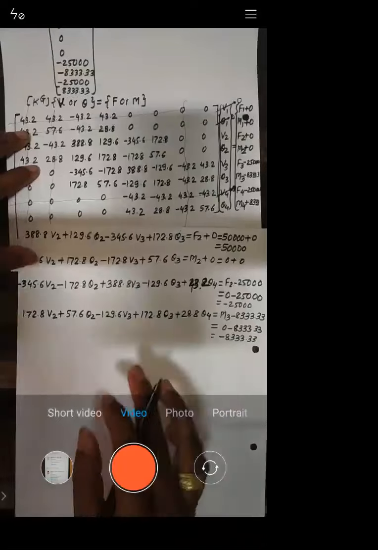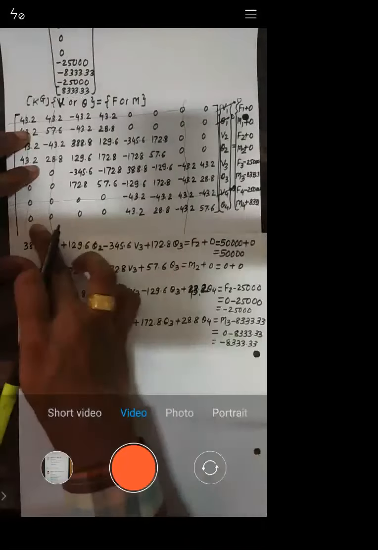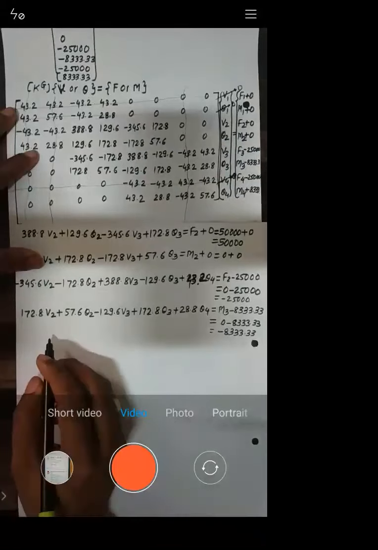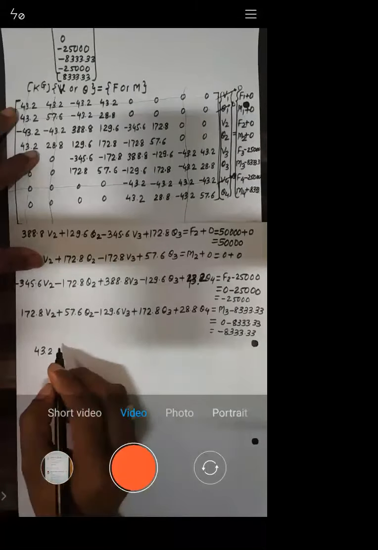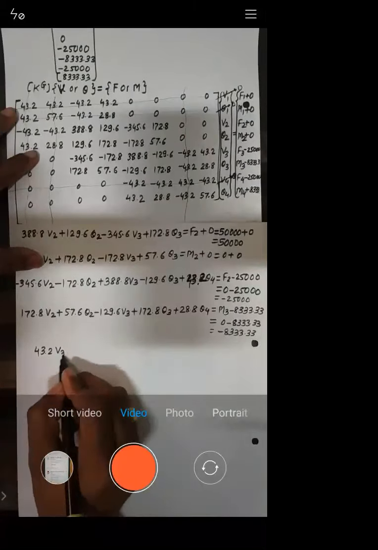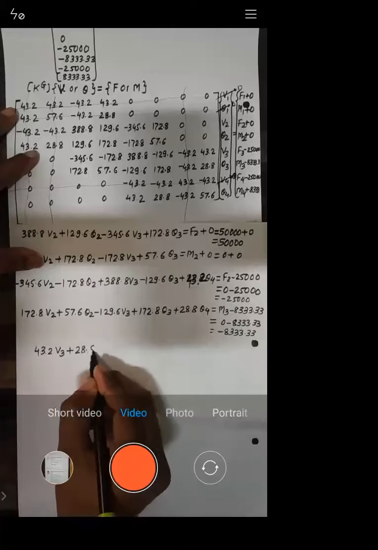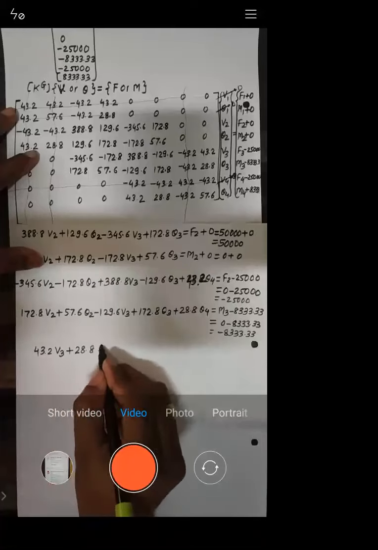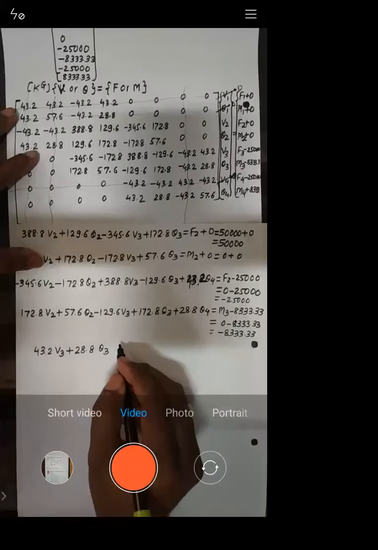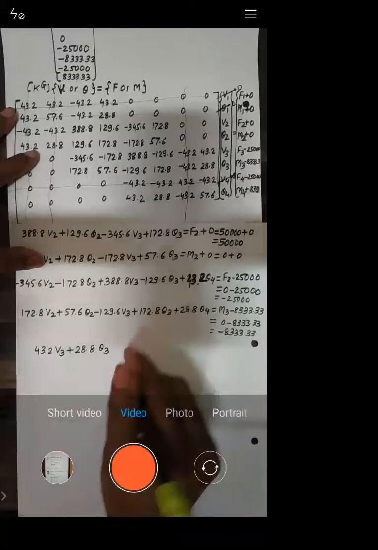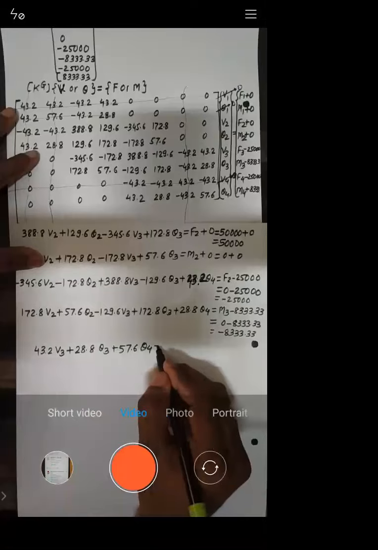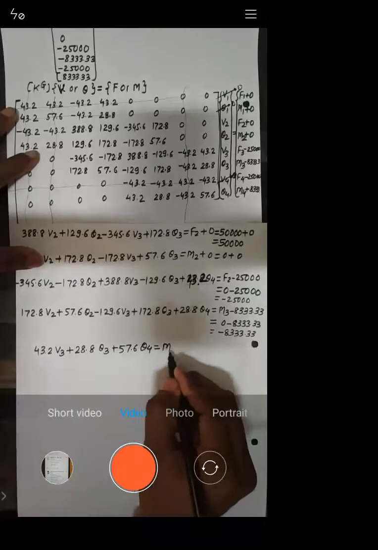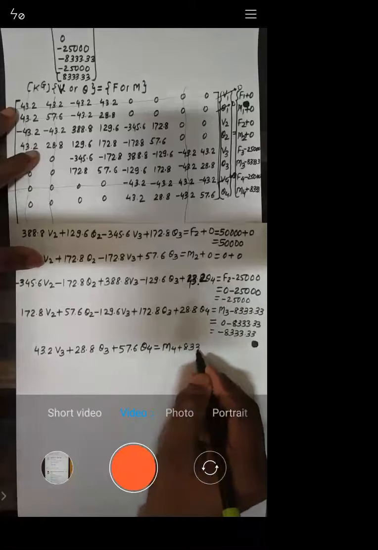A similar exercise we need to repeat for the last row into this column. So see what we do. The initial 4 terms are 0. So what we are getting is 43.2 V3 plus 28.8 theta 3 plus 57.6 theta 4 is equal to M4 plus 8333.33.